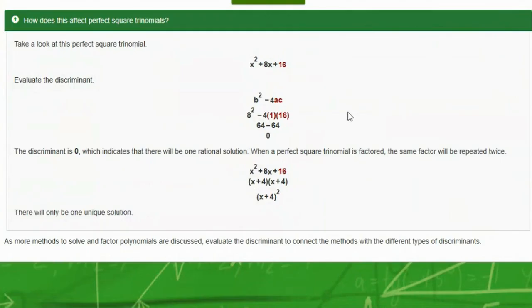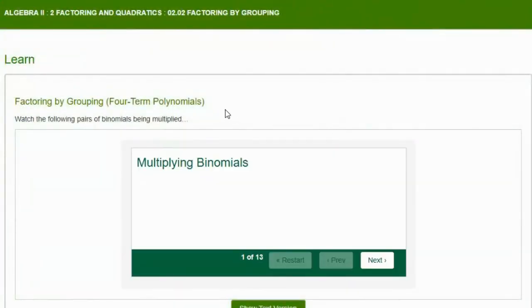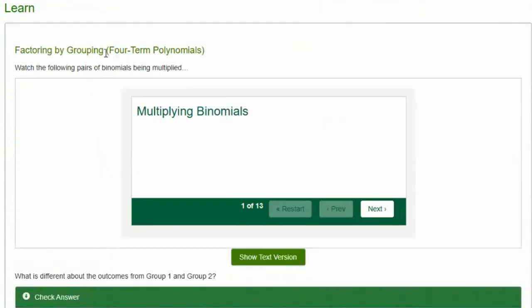All right, let's get on to the next page and talk about factoring by grouping. 4-term polynomials. Starting with 4 terms, that's a little different. So what's the following pairs of binomials being multiplied? So if we have these binomials here, t plus 3 times t plus 11. And maybe let's put this in our notes. I think that'd be useful.